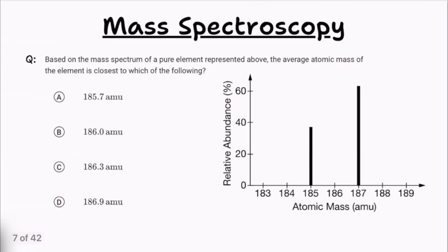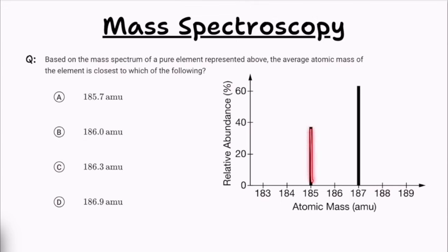Okay, next, here's another question. Based on the mass spectrum of a pure element represented above, the average atomic mass of the element is closest to which of the following? This is the type of question where you need to estimate rather than using a calculator to come up with the exact number. So I have 2 peaks, so 2 isotopes.